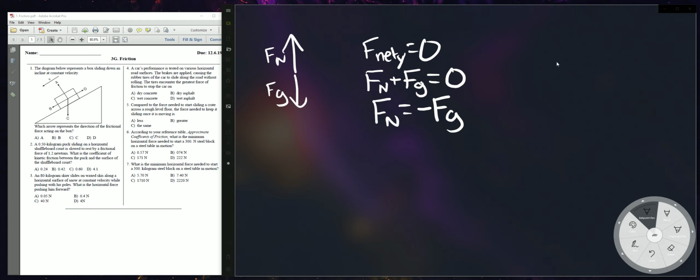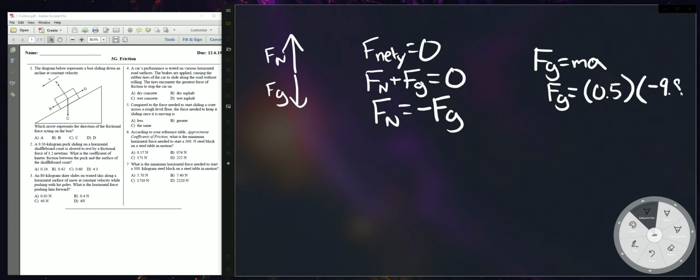Well, we also know that Fg is ma, because Fg is your force due to gravity. What's my mass? It's 0.5, and a is your acceleration due to gravity, negative 9.8.